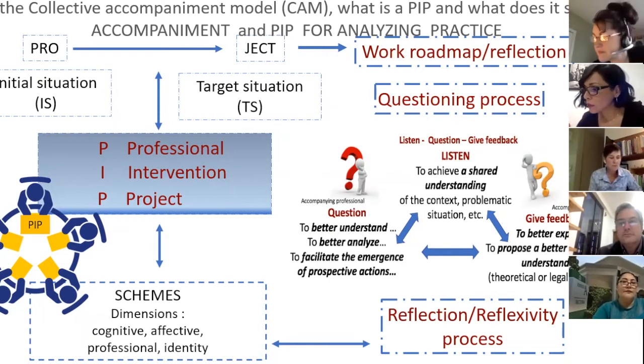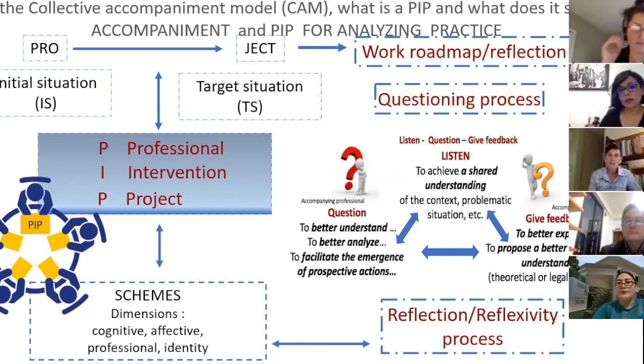It's a kind of roadmap that allows the person to explain what the initial situation is that they are working on, what the target situation is, and how we can go through a questioning process to allow that person to take a step back, look at their practices, and adjust them to be able to go through the situation and reach that target situation.